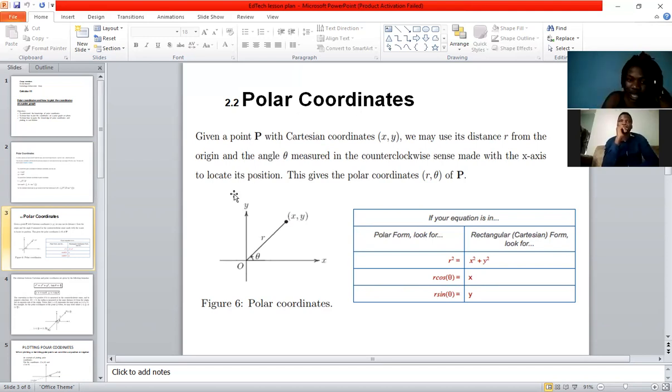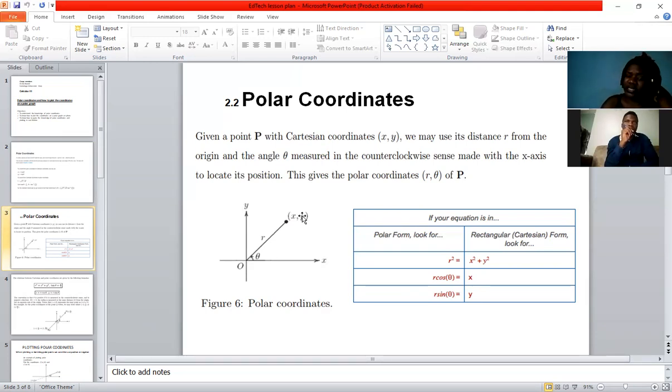So now, are you seeing where my cursor is pointing? Yes, I'm seeing, madam. Our x-axis and the y-axis, let us say those are these ones, x and y, are the Cartesian coordinates.